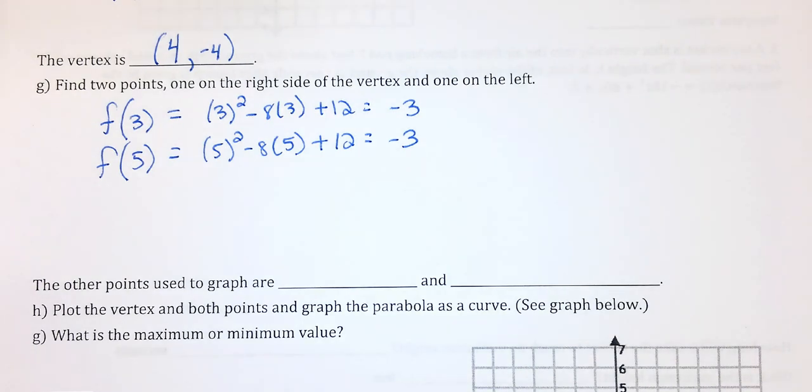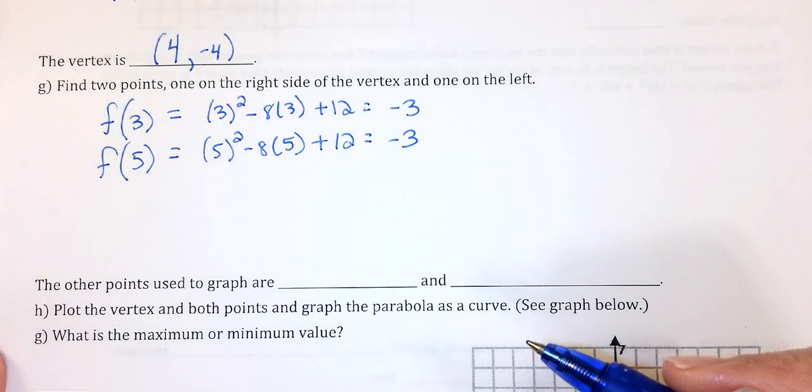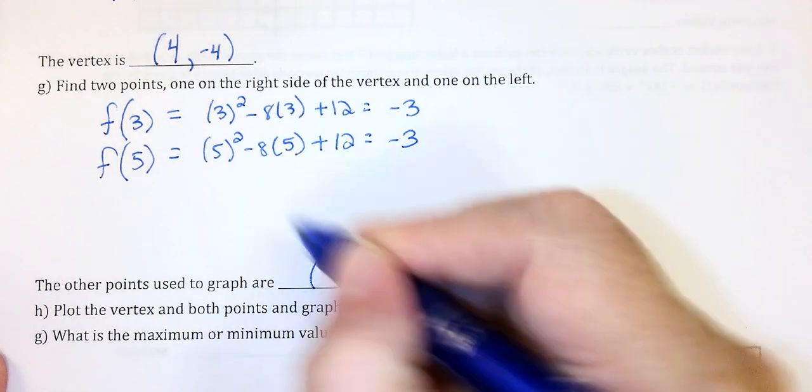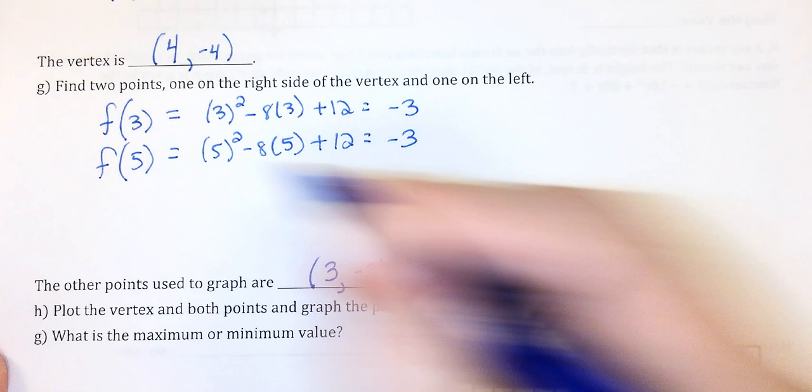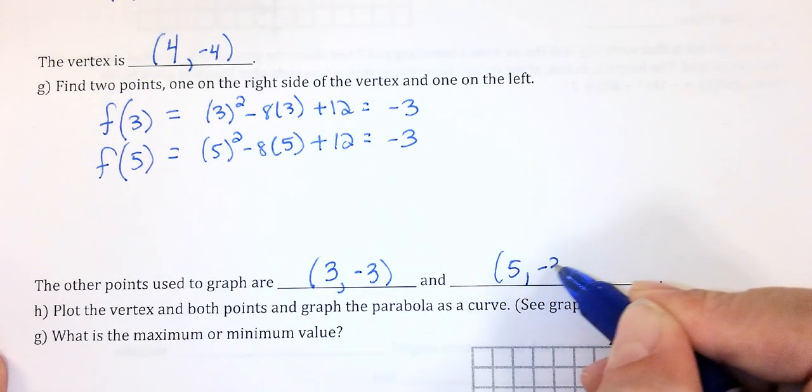Now this is actually what should happen, and the reason is because this is a parabola, so if you go over one and up and then over the other way and up, those should be hitting at the same y value because the parabola is symmetric. We'll see that in a minute when we graph it. All right, let's look. We have other points: x value 3, y value negative 3, and x value 5, y value negative 3.